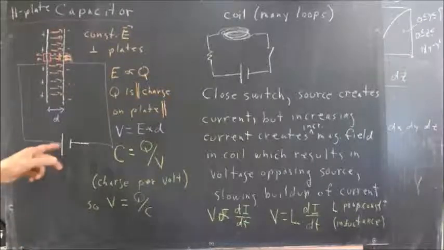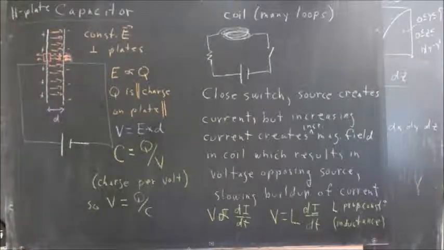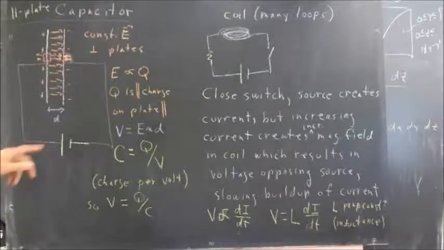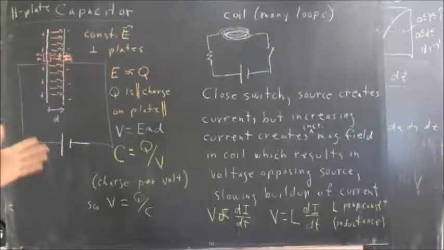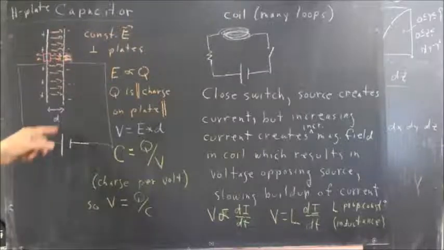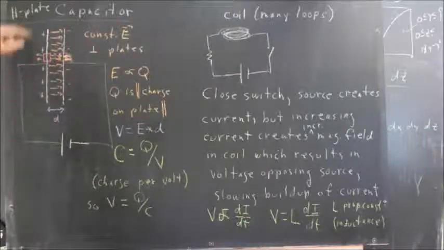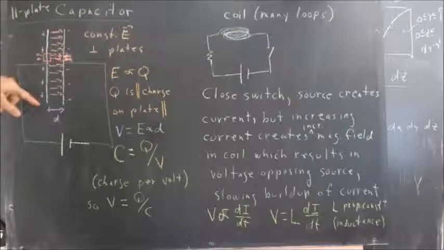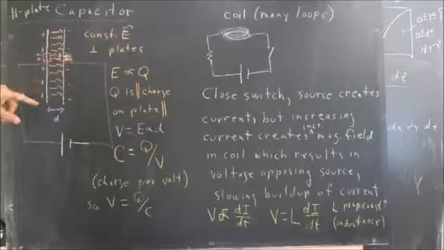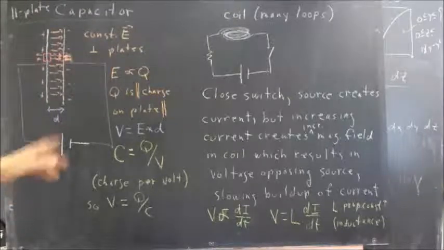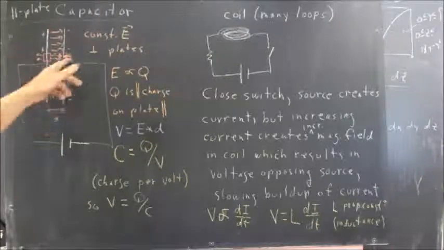We've got a source here that pushes positive charge in this direction or pushes negative charge in this direction. Now, if positive charge is being pushed around, then this positive terminal will push positive charge onto this plate of the capacitor. And where's that positive charge going to come from? Well, it has to come off of this plate.